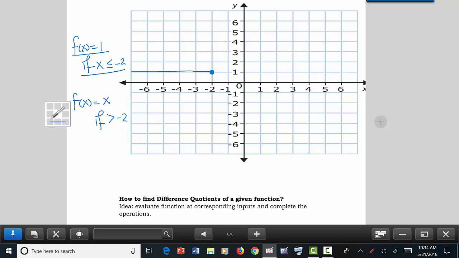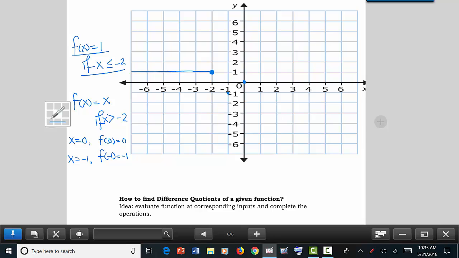Now in the other piece, if x is bigger than -2, it is x. So let's choose a couple of values. If x equals 0, f of 0 is 0, so I'm going to put that value. If x equals -1, f of -1 is -1 here.